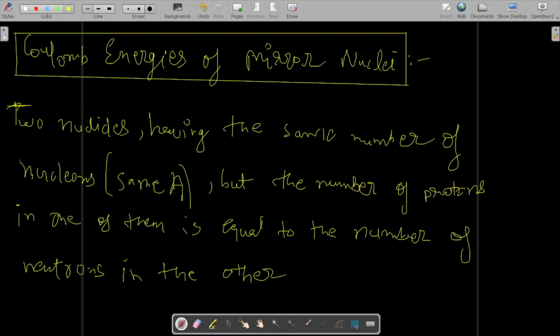These are called mirror nuclei. So there will be two nuclei. The atomic mass number, that is the number of nucleons, is going to be the same for both of them. But the number of protons in one will be equal to the number of neutrons in the other, and the number of protons in the other will be equal to the number of neutrons in the first. Let me give you an example of mirror nuclei.